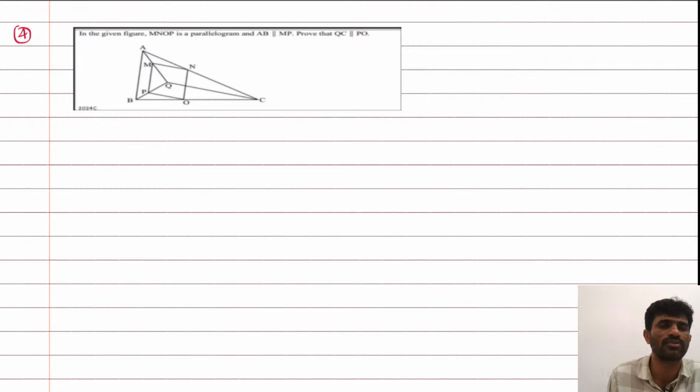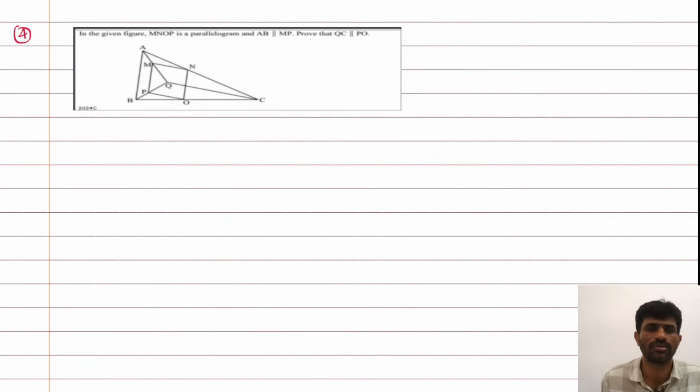Now once you see this question, it's about triangles. I think this picture is not clear. So can you see the figure, what it is? We have two triangles.